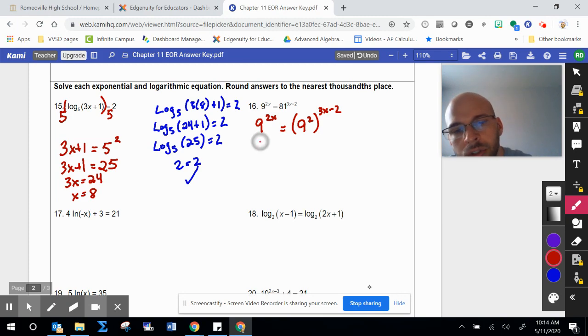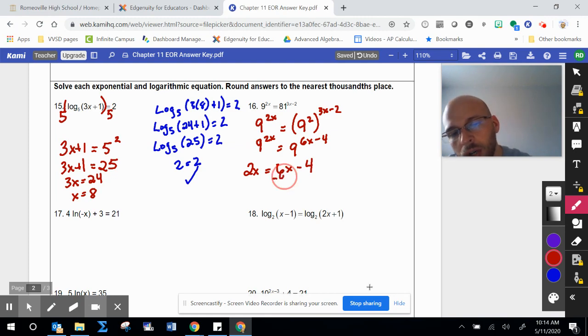So I want to clean up this right-hand side. Whenever you have an exponent to an exponent, we need to distribute. So I would have to do 2 times 3x and 2 times the negative 2, which is going to give me 6x minus 4. Now, if the left-hand and the right-hand side of your equation have the same base, then we can go ahead and solve the equation created by the exponents.